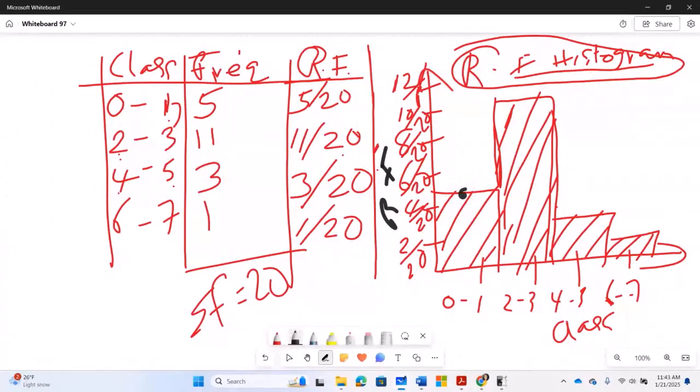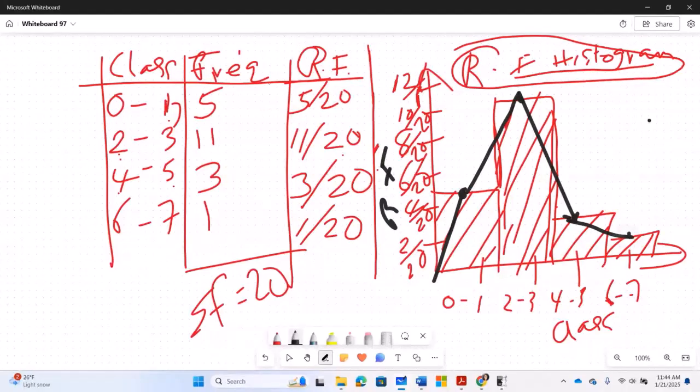Very easy. You mark a center for each bar. Then connect the dots. Remember, it's a closed figure, so I'm going to close it to the end here. It's a closed figure bounded by line segments.